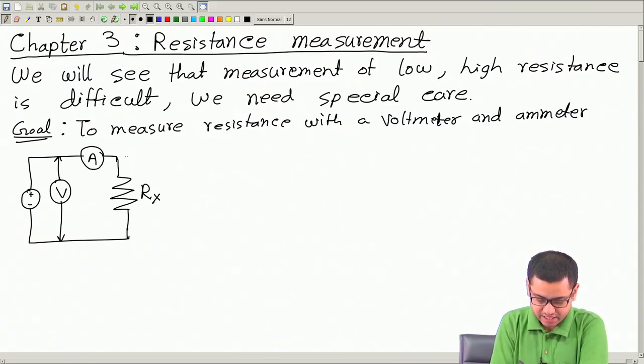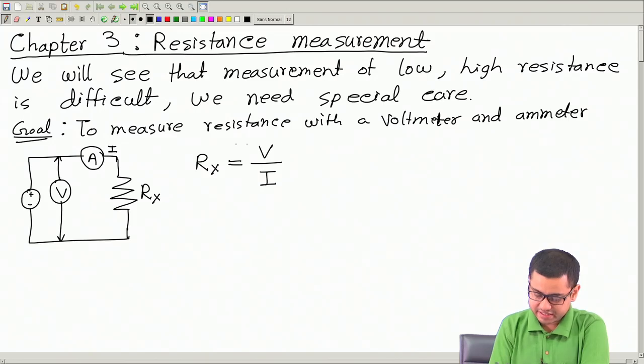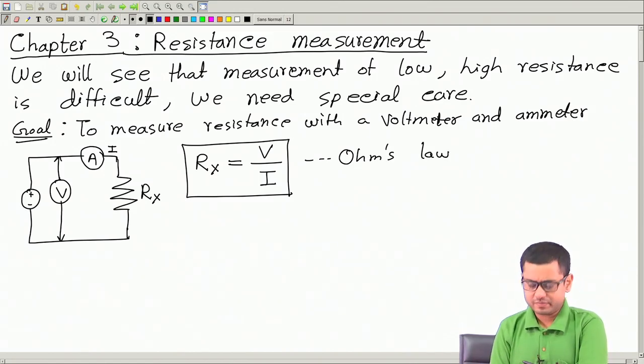This ammeter will measure the current I, and this voltmeter will measure the voltage, call it V. Then we can estimate Rx using Ohm's law: if the voltmeter reads V and the ammeter shows I, then Rx is V by I. So simple. But there is a catch.